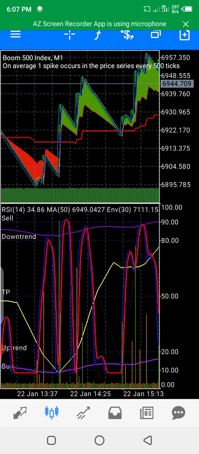Today we'll be talking about this strategy, and I have decided to divide it into three phases. Phase 1 will look at the Ichimoku and the other indicators on the indicator window, and we'll talk about Boom.